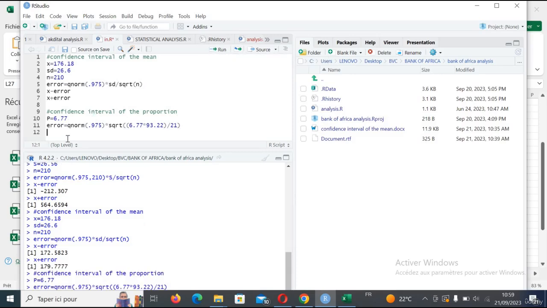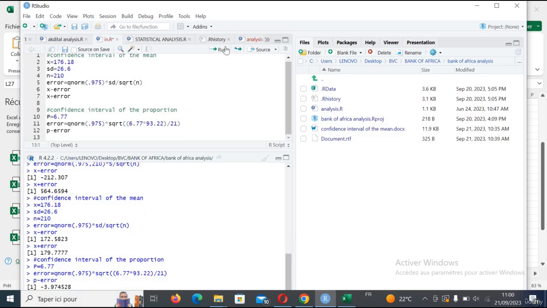Now what we have here is we're gonna calculate the extreme inferior value of the evolved proportion, then the extreme superior value. P minus error, P plus error.